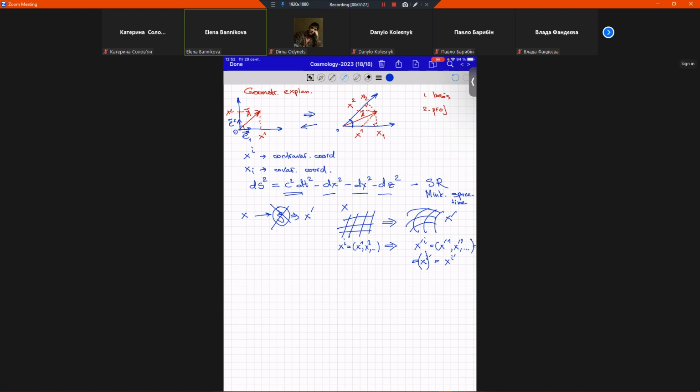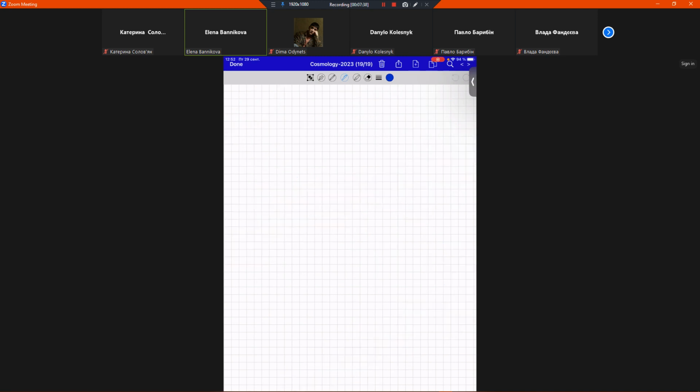Okay, so in this case, now I will remind you of the transformation of the vector, which is a tensor of first rank. We can even keep it in mind.